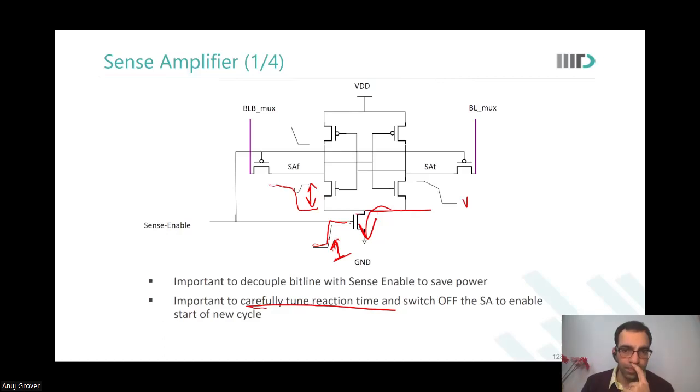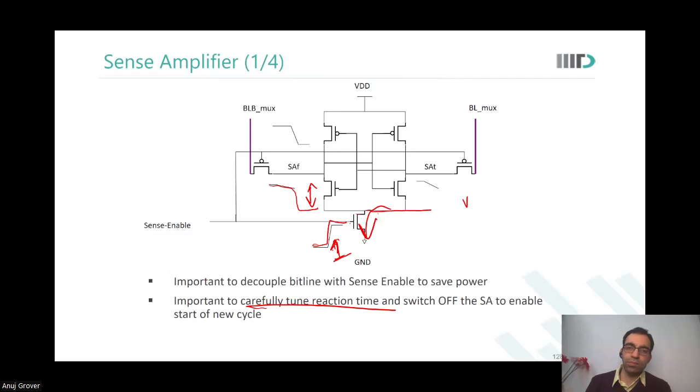Yes, sir, but my doubt is, when should the sense amplifier be triggered? According to me, it should be triggered after the read operation, right? What do you mean by after the read operation? When does the read operation end?